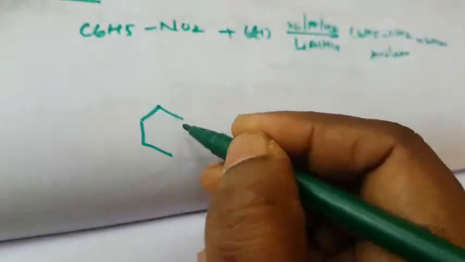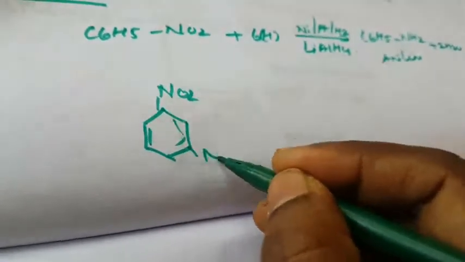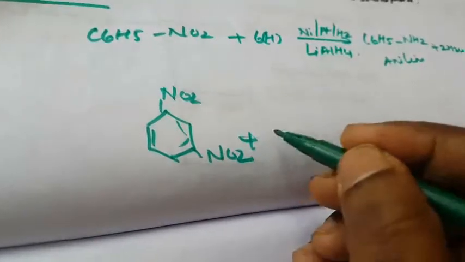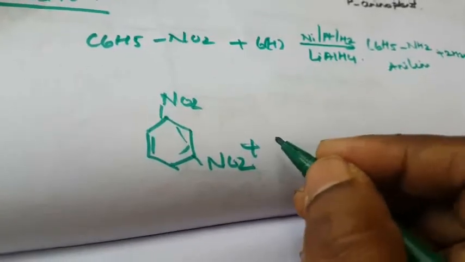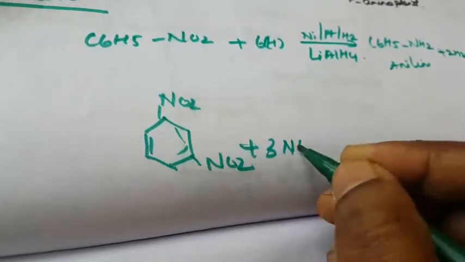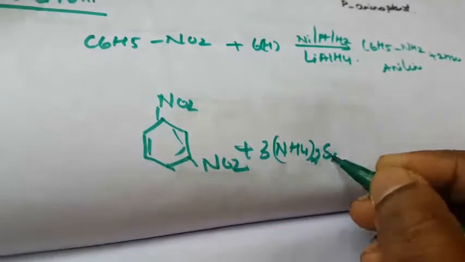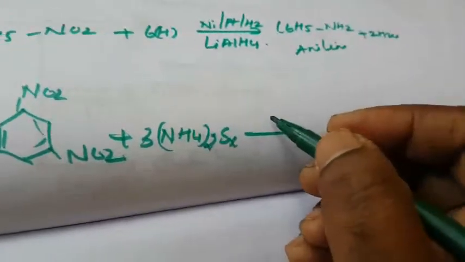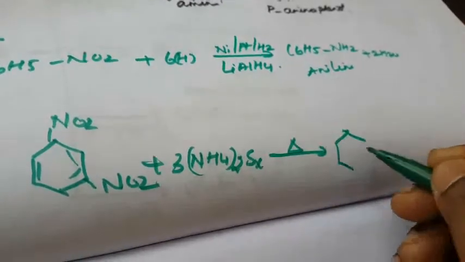Next, a polynitro compound, meta-dinitrobenzene. What is dinitrobenzene? Two nitro groups present in the benzene ring, NO2 here and NO2 here. For selective reduction of the polynitro compound, ammonium sulfide, (NH4)2S, is used, and on heating it forms nitroaniline.